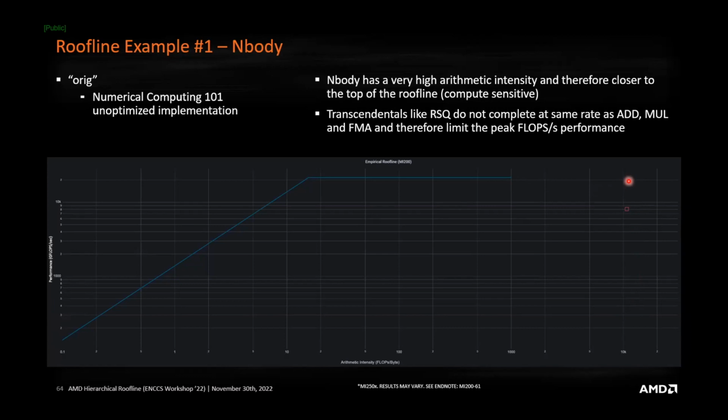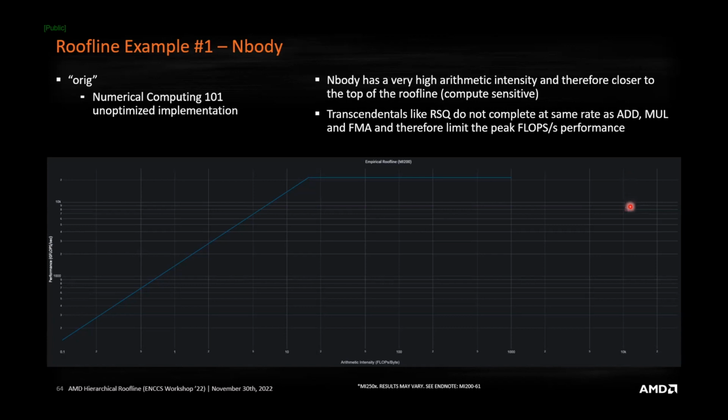Roofline isn't a comprehensive tool. It doesn't discuss and consider all portions of the hardware. One of the things that it doesn't take into account are transcendental functions. And on the hardware, doing transcendental operations, your cosines, your inverse square roots, they're going to perform at a slower rate than just your regular adds, multiplies, FMAs. And so that's sort of what we're seeing here.